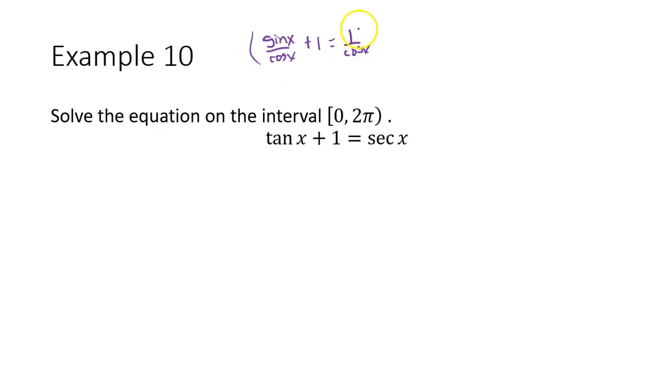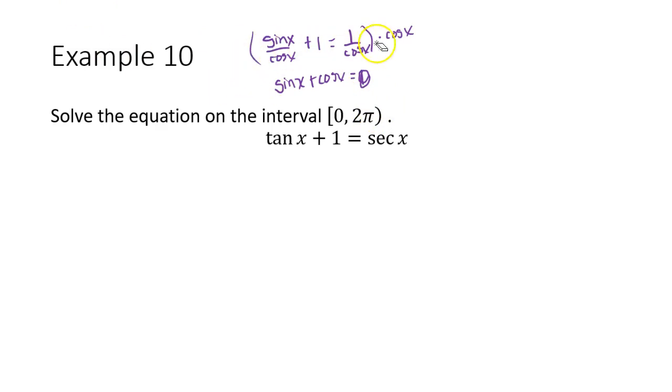And if I wanted to, I can multiply both sides by the cosine so I can get rid of the fractions. But that's going to leave me with the sine of x plus the cosine of x equal to 1. And this is not really helpful for me as far as trying to solve this equation, because what I would really like to do is have it equal to 0 so I can use my zero product property.